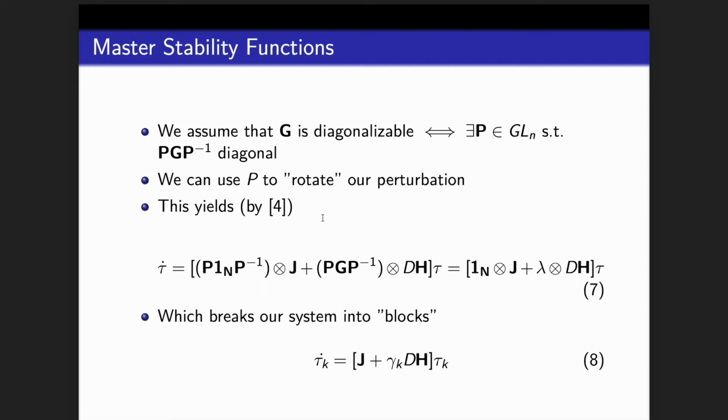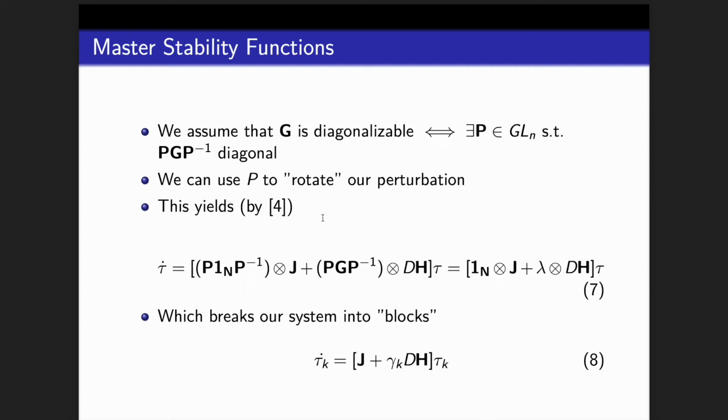And for those eigenmodes that are transverse to the synchronization manifold, we basically want the path of a point on the synchronization manifold and this perturbed point to converge. So in this case, for this transverse mode, we want the transverse perturbation to just smooth out.